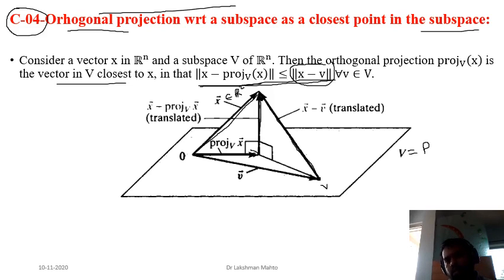From the geometry you can easily see which one is the least value, which one is the closest point. This one is x minus the projection of x.